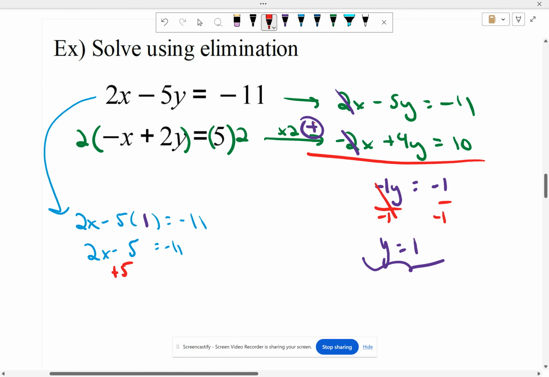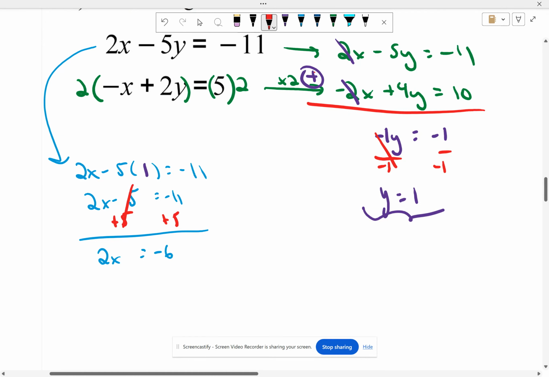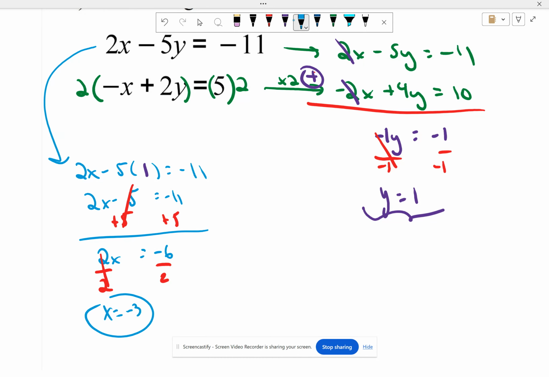And then I'm going to add 5 to both sides to get rid of the minus 5. So I have 2x equals negative 6, and then divide both sides by 2. Oops, not 3. And that's going to give me x equals negative 3. So now we have y and we have x. Negative 3, 1 would be the intersection of those lines.